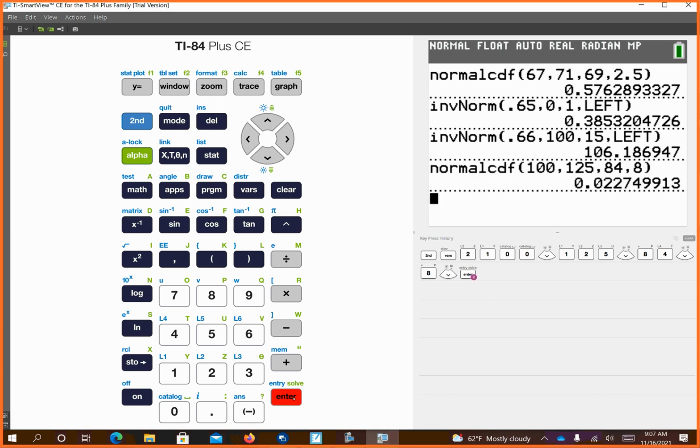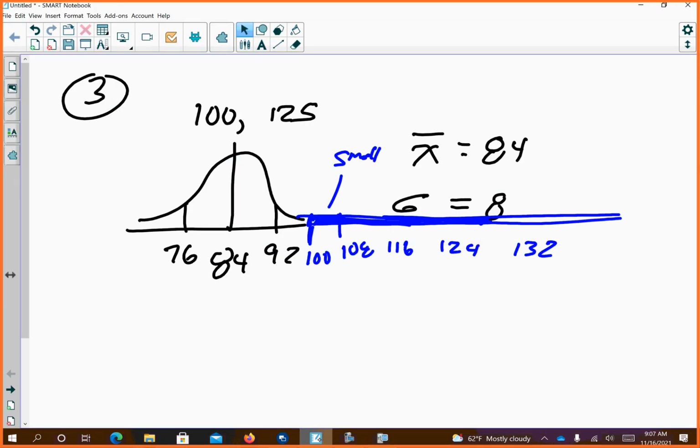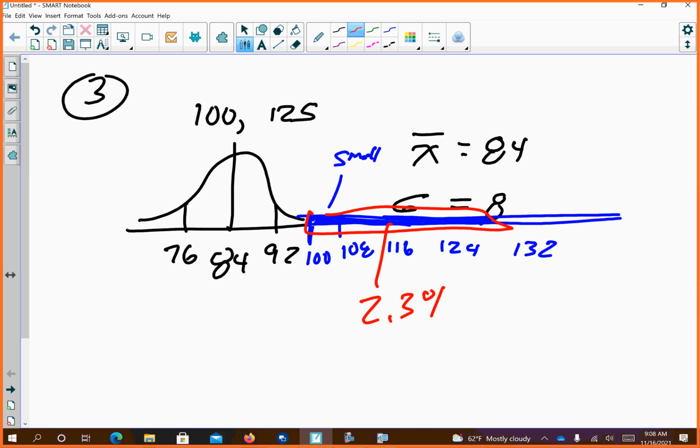You're talking about 2.3% of the population would fall into this category if this was true data. That 2.3% is this area here, 2.3% of 100%.